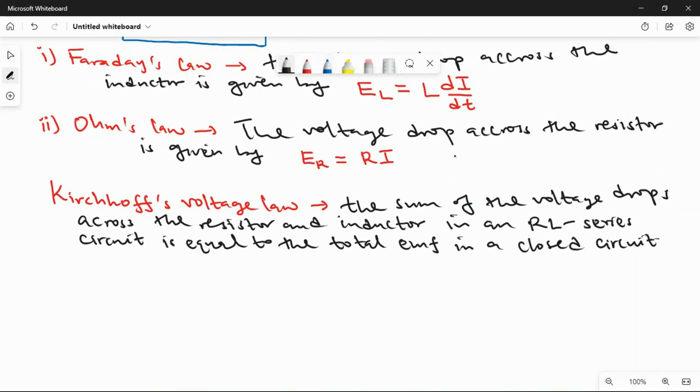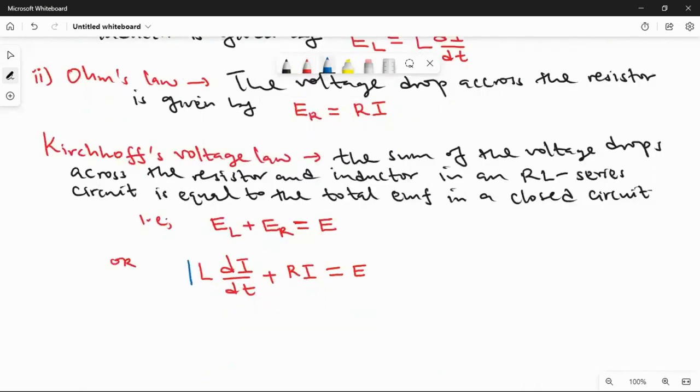So you can write E subscript L plus E subscript R should give us E. And we know E subscript L is given by Faraday's law, L times di dt. E subscript R, we got R times I, is equal to the EMF, which was E, or the impressed voltage.